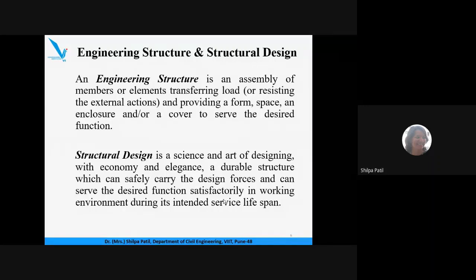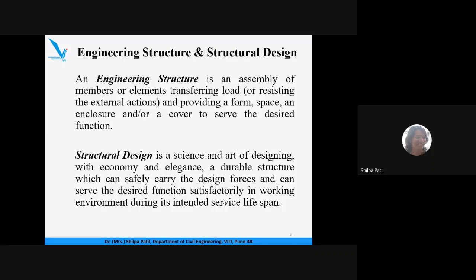And elegance means, whenever our structure gets erected, how will it look, is it aesthetically attractive? People should look at our building and wish to come inside. Oh, very nice building, let us go inside and see the interior. So there should be certain elegance involved in the design.